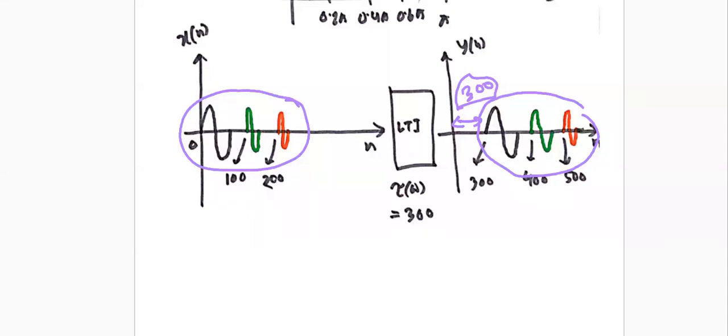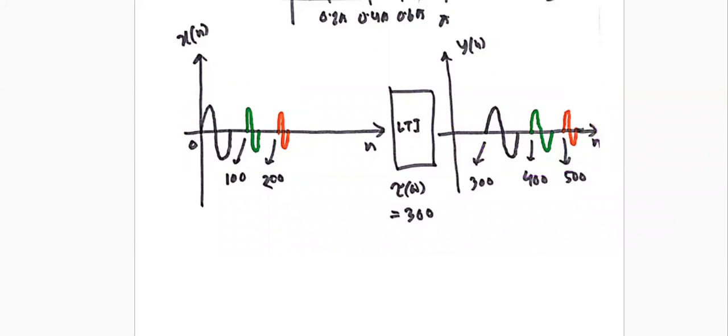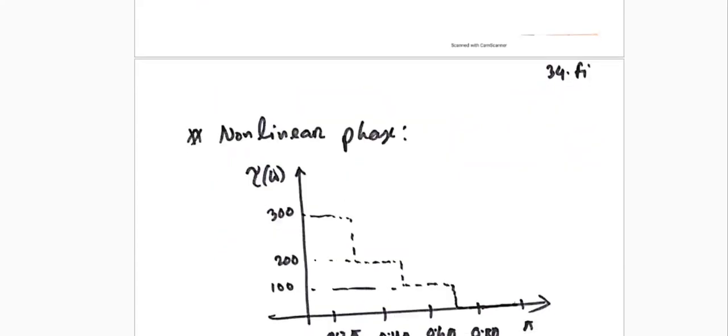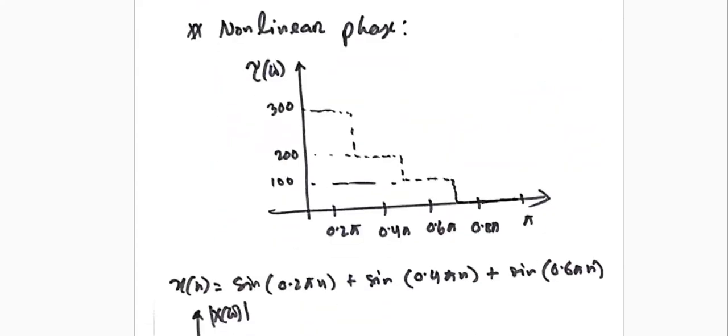Okay, any confusion here? No. Okay, very good. Then this is an example of nonlinear phase. First of all, we are just representing the group delay.